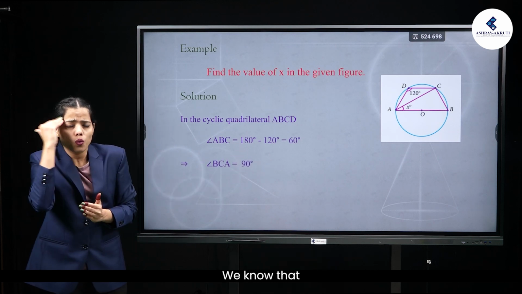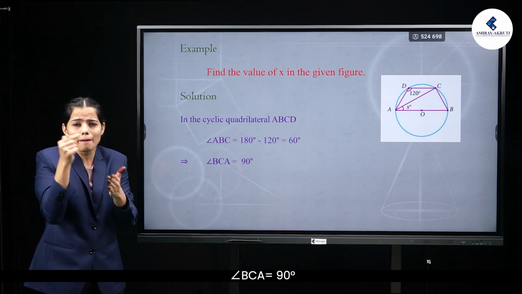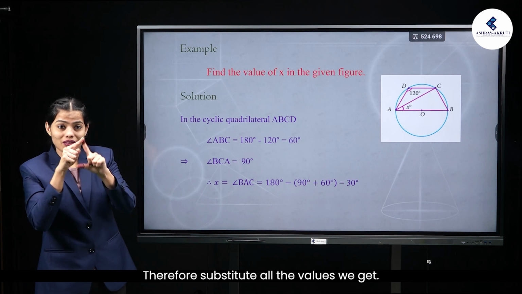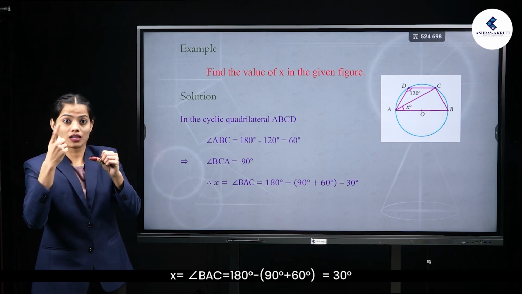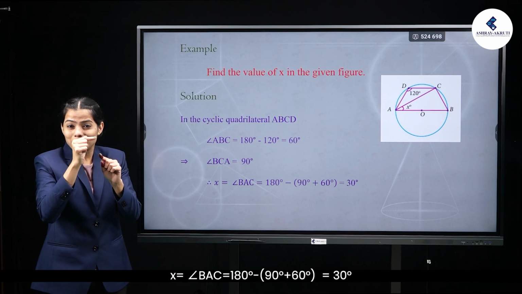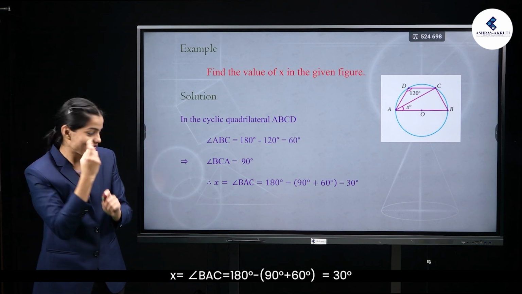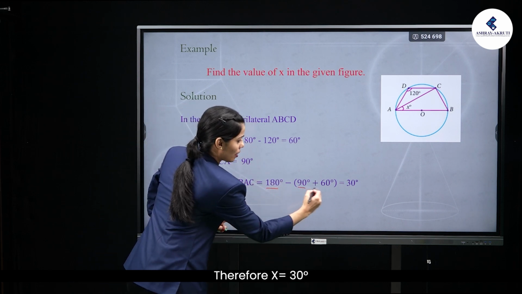We know that angle BCA is equal to 90 degrees. Therefore, substitute all the values, we get x is equal to angle BAC is equal to 180 degrees minus 90 degrees plus 60 degrees. Therefore, x is equal to 30 degrees.